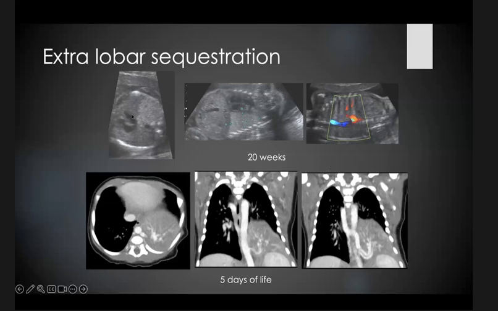You see that left lower lobe hyperechoic lesion at 20 weeks, which was vascularized by a vessel from the aorta. Here at birth, you see that big vessel coming to the sequestrum, and here you see the systemic vein going into the azygos. So it was an extralobar pulmonary sequestration.